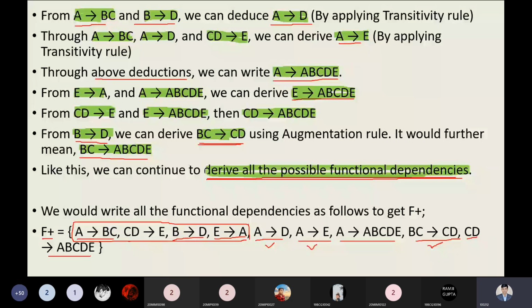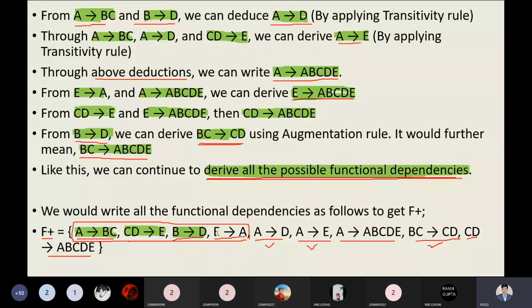And so what we can write in the F closure of the functional dependencies as an output. So by default, what are the functional dependencies which are coming inside the F closure? We have A determinant to BC, so this would be part of this one. C determinant to E, definitely it will be part of this one. B determinant to D is already given in the question, so we have to take this point.